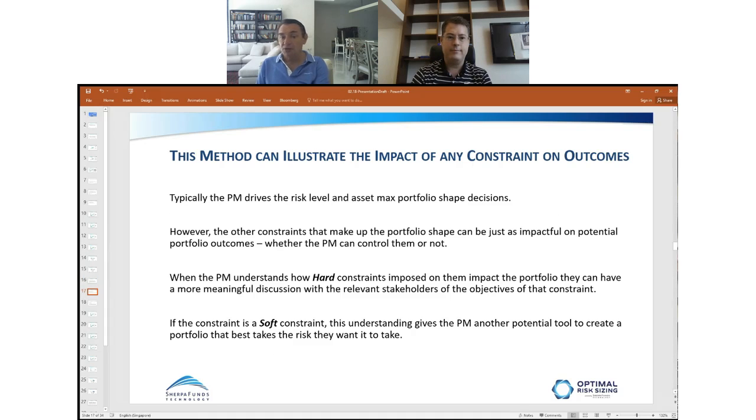Of course, there's more than just per asset level constraints and risk. You have lots of other possible objectives and constraints when you create a portfolio. And as Stephen talked about earlier, we can consider them hard constraints, the flag that you have raised above your head saying, this is what we do.